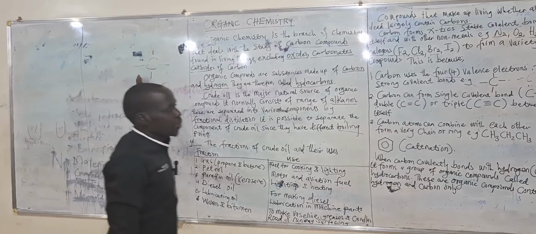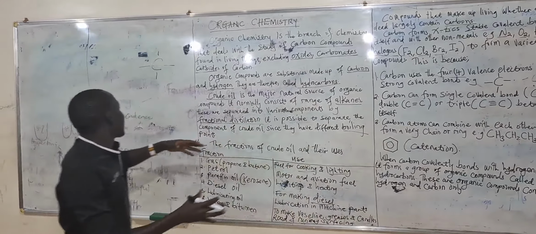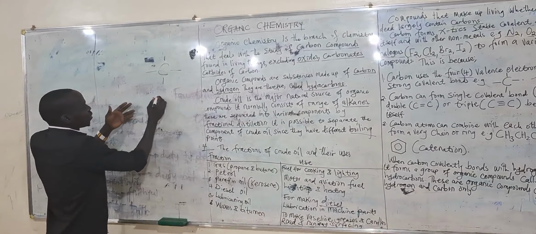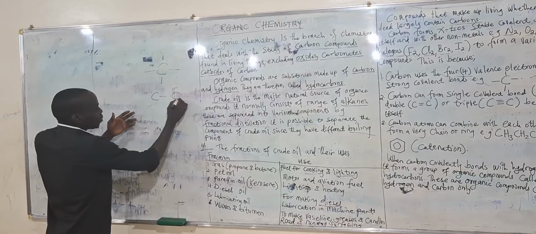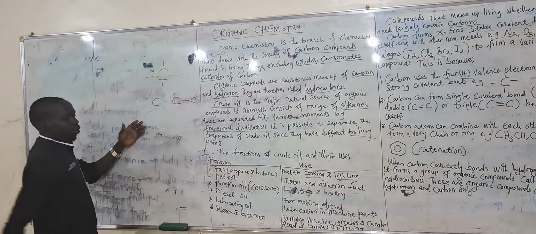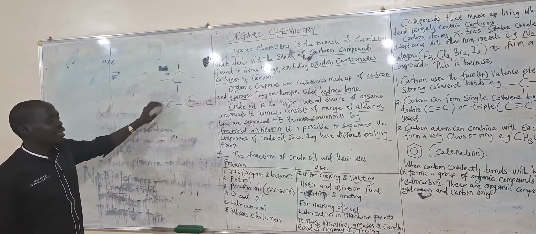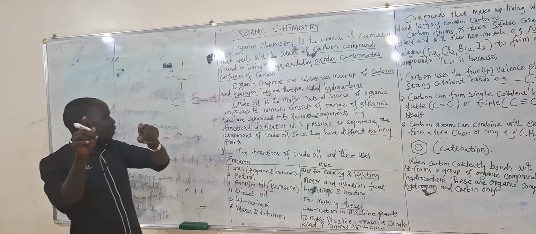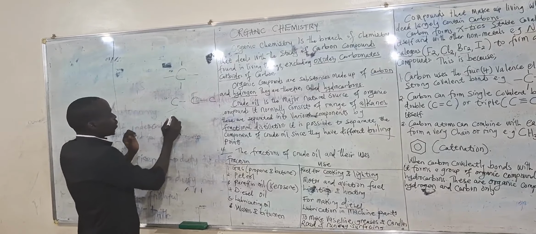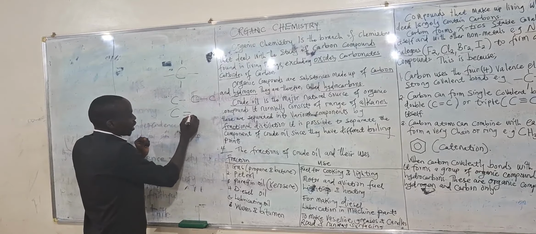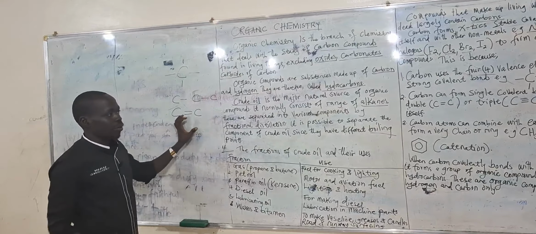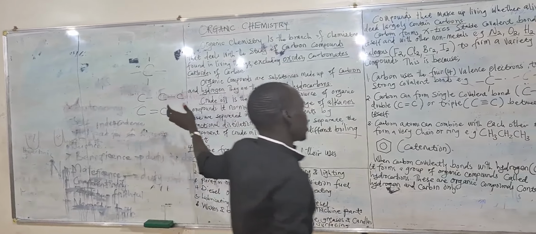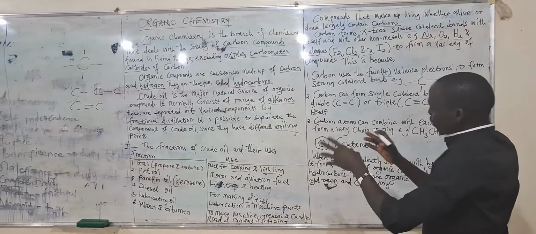But you are saying that many of these carbon atoms can combine in this manner. So we are going to have single bonds between carbon atoms, but at the same time this carbon can also have what we call double bonds. We are going to talk about this in hydrocarbons. So we shall see the double bonds.